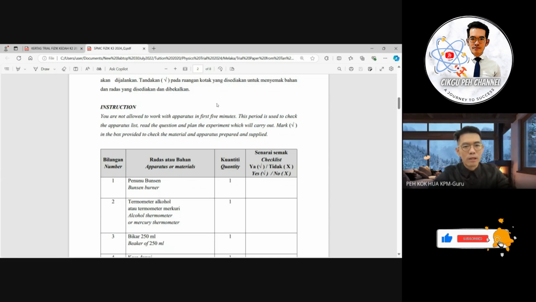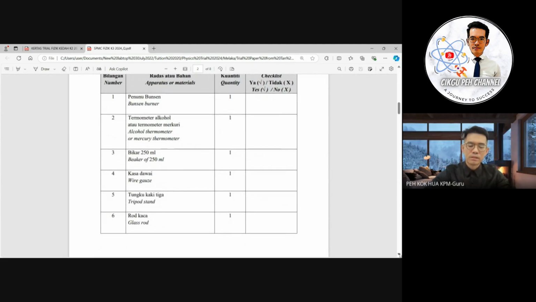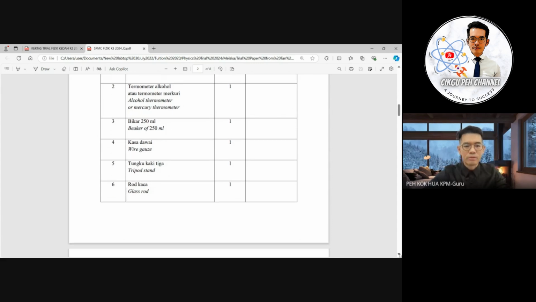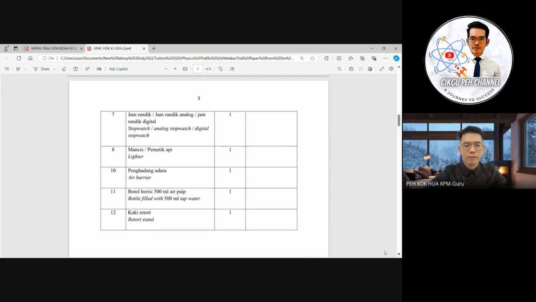Okay, so you are not allowed to work with the apparatus in the first 5 minutes. Here we have a Bunsen burner, thermometer, beaker, wire gauze, tripod stand, and glass rod. Here also a stopwatch, lighter, air barrier, 500 ml water, then a retort stand.